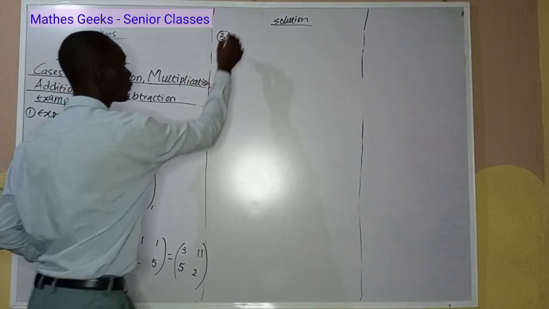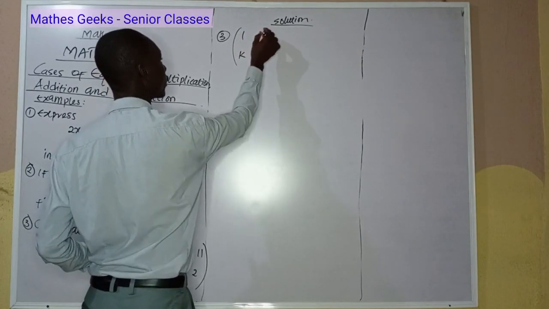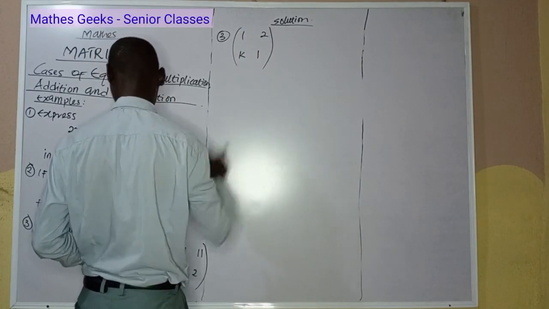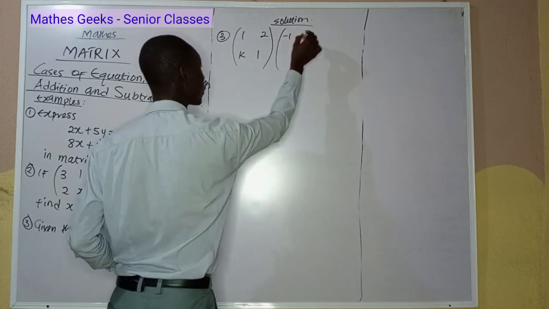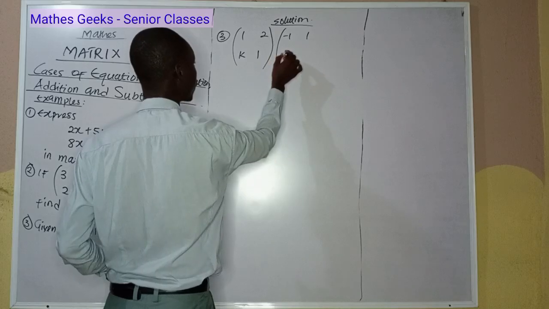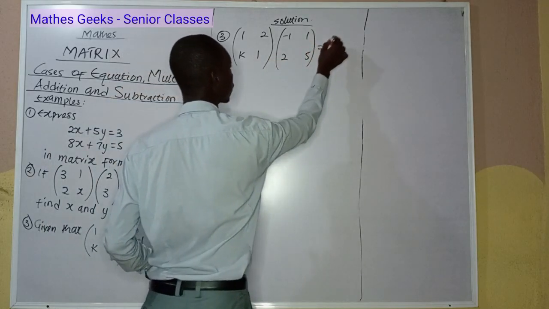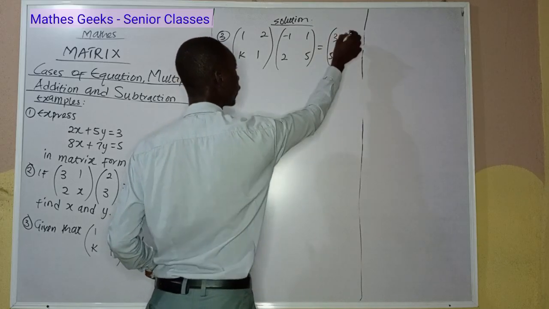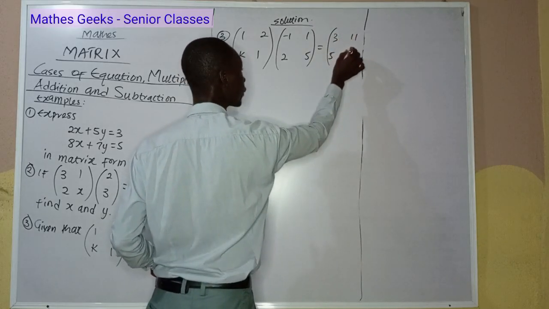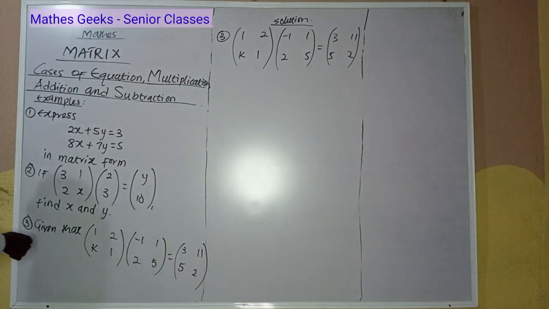We're given that the matrix 1, k, 2, 1 minus the matrix -1, 1, 2, 5 is equal to 3, 5, 11, to find the value of k.